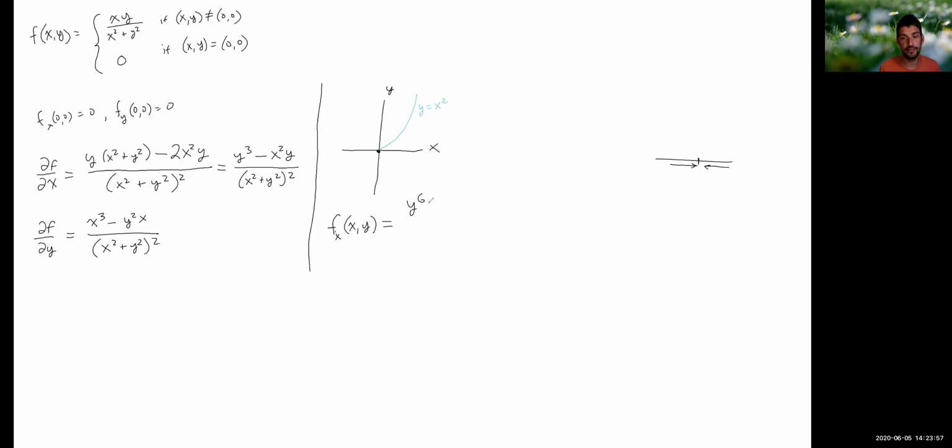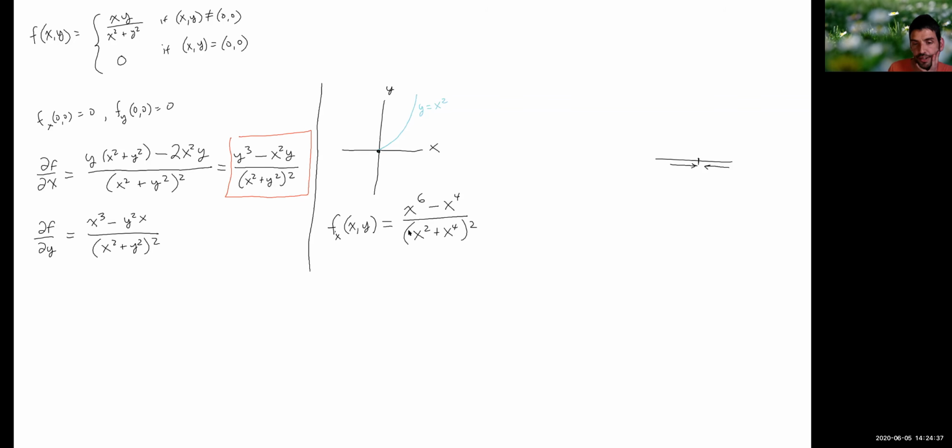Oops, the first one should be an x to the 6th. So I'm just replacing all the y's in this function with an x squared. X to the 6th, we get another x squared here for x to the 4th, and this one becomes x to the 4th.